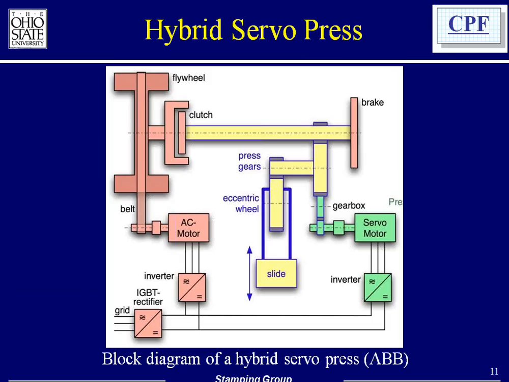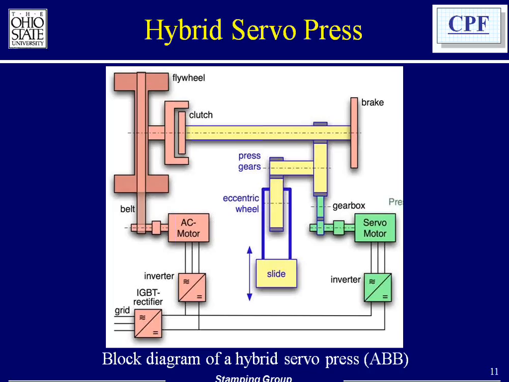Now, on page 11, I thought I mentioned this. You can see the sketch of another design. This is from a company called ABB from Sweden. And what you see here is basically a mechanical press. In addition there is a servo motor, the green on the right side, that can drive the gear that is already driven by the flywheel and the drive shaft.